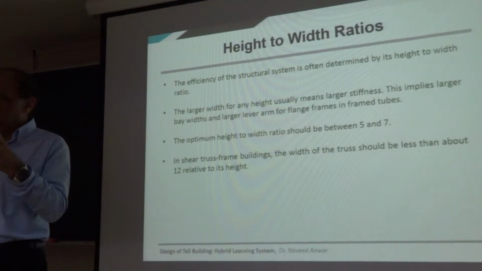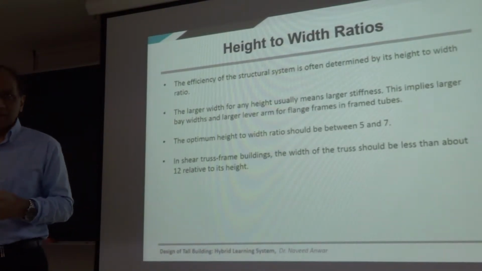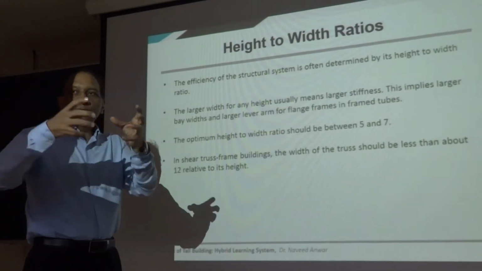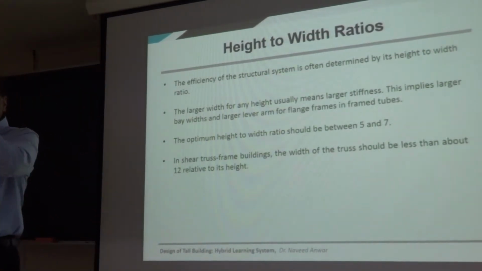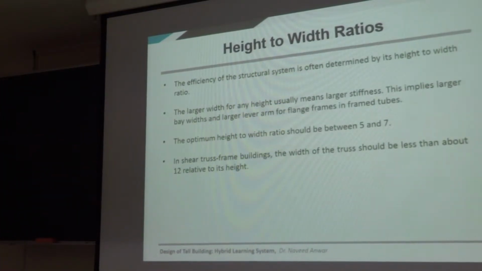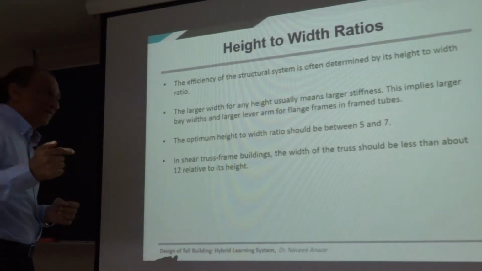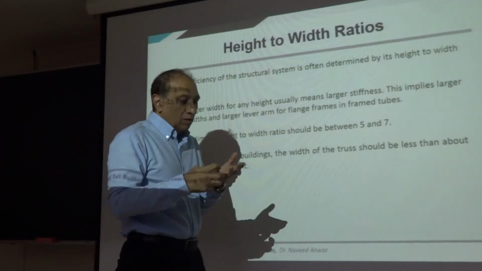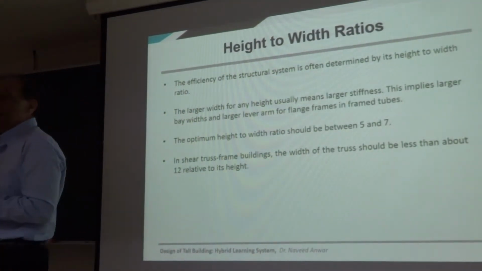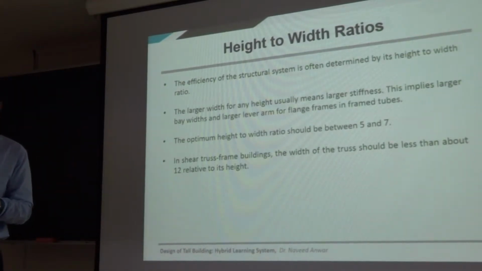Then you save money in concrete. Put the maximum reinforcement at the bottom and gradually keep reducing as you go up. That way you can get some optimization without changing the other things. So preliminary sizing depends not only on finding the right size, but also on finding the right material strength to be used.